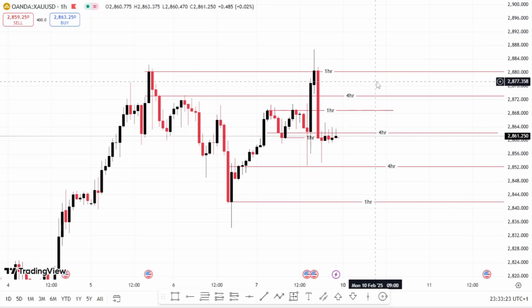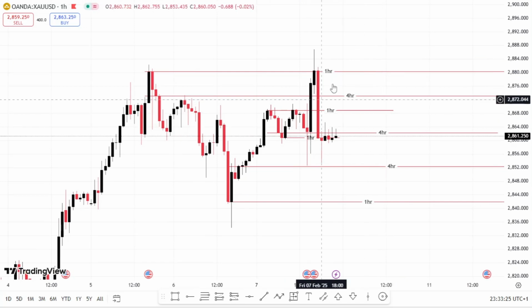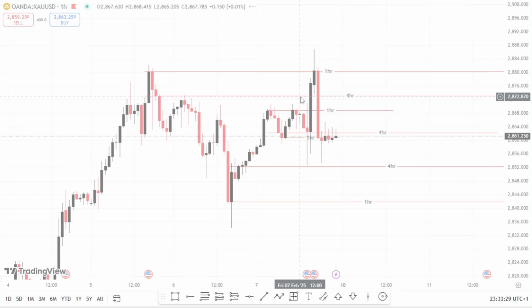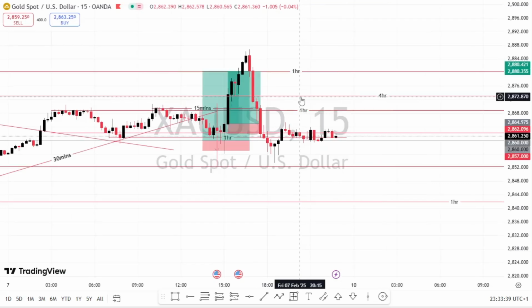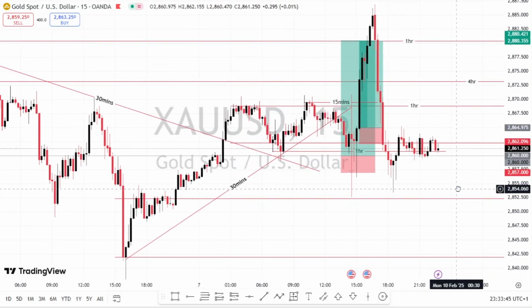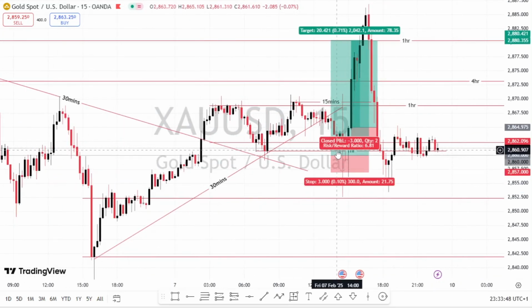So how was I able to capitalize on this move? Let's go down to the 15 minutes. On the 15 minutes, you see, this was where I placed it.